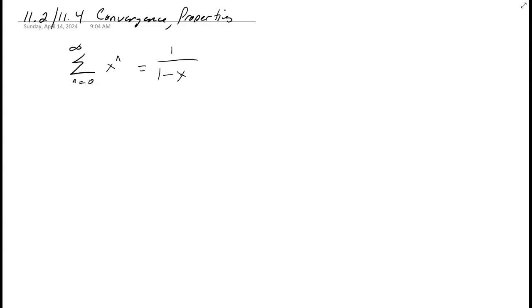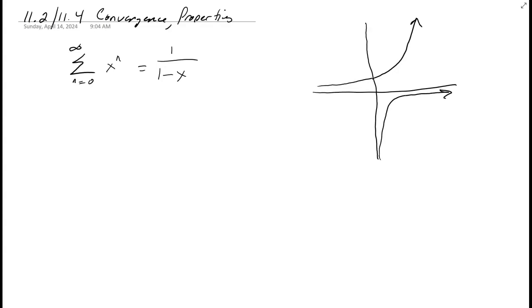Again, when we looked at the graph, it's a quick reminder, I'll just review what that graph of 1 over 1 minus x kind of went like this. And then there was the piece down here, but we don't need to worry so much about that because we were centering our graph. Recall, this is centered at 0. If we were doing x minus 3 to the n, it would be centered at 3, but we were centering it at 0.